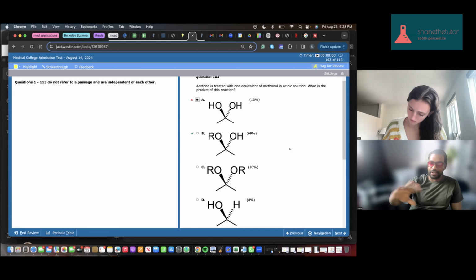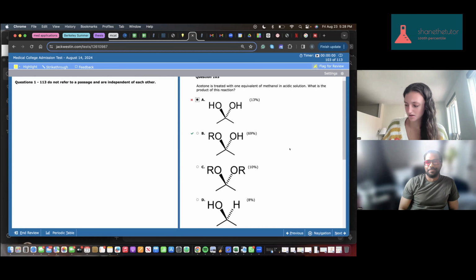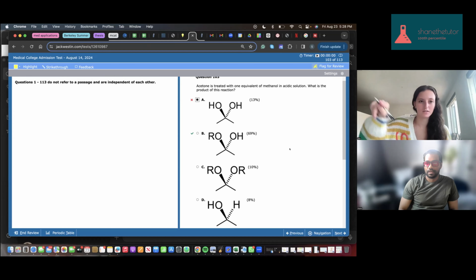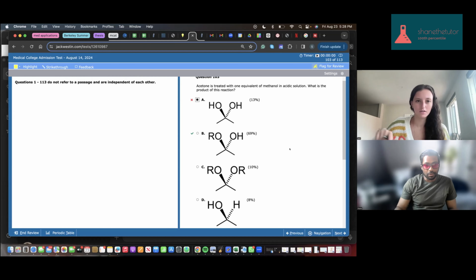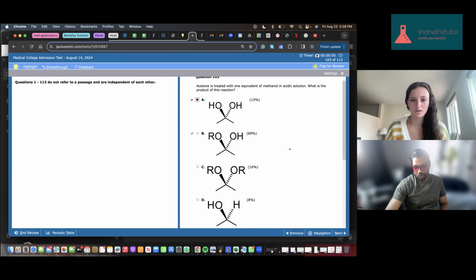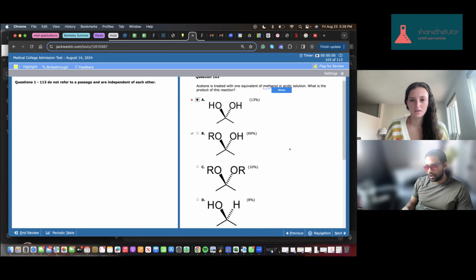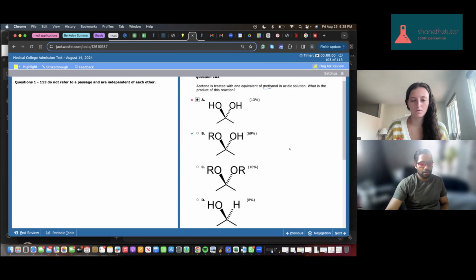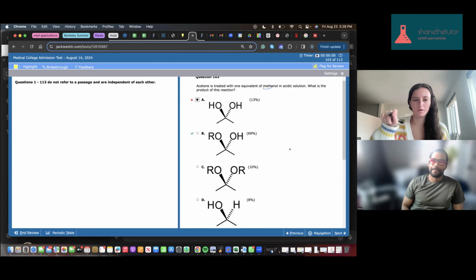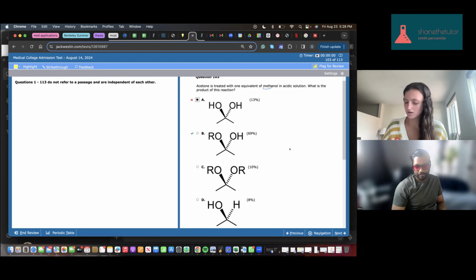What is the structure of an alcohol? It's OH. So the meth part would mean how many carbons? One. So one carbon with OH. Exactly.